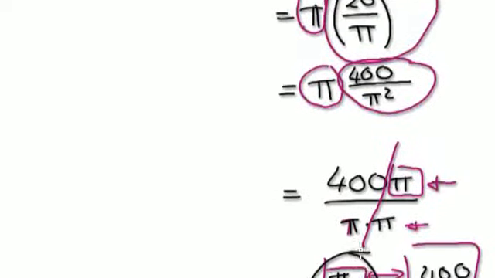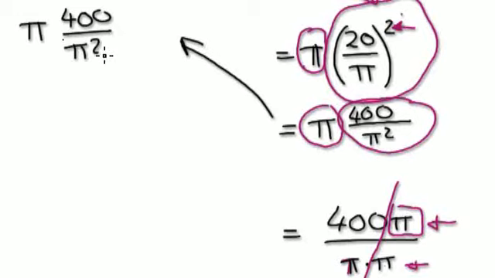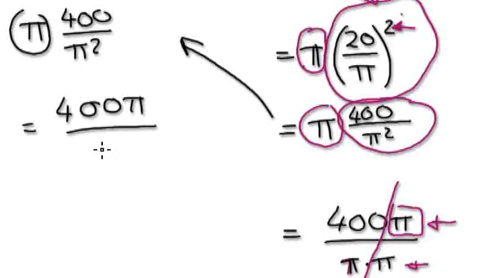Hang on, let's go back up to here. So when you're up here, it becomes pi. Well, wait there. So it's like this. Okay, and then you've got a whole thing multiplying a fraction. So it becomes 400 pi over pi squared.